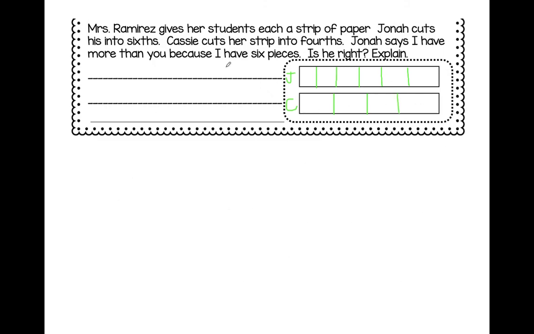It says Jonah cuts his into 6, and Casey cuts hers into 4ths. Jonah says, I have more than you because I have 6 pieces. Is he correct? So if he has all of his pieces and she has all of her pieces, what do you think? Does he really have more than she does?